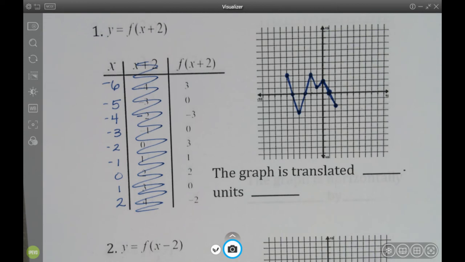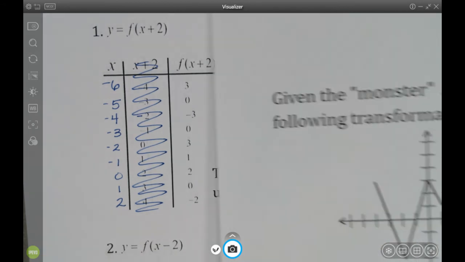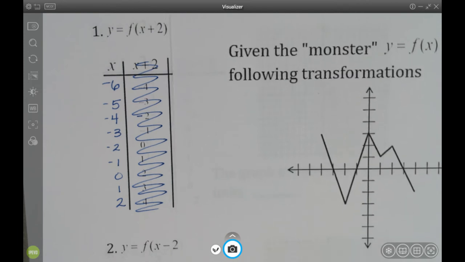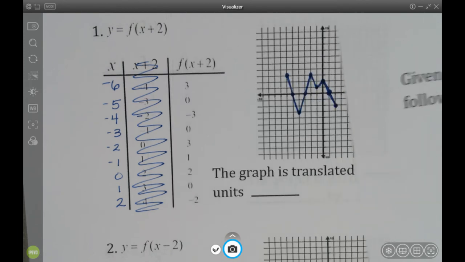What happened this time from our original one? Nobody knows what direction that is? Went to the left, right? We took our original monster and all of those points went to the left too.